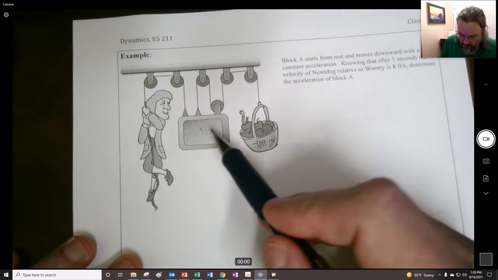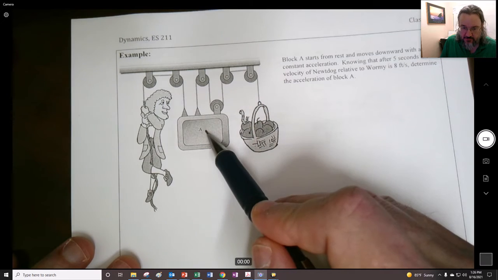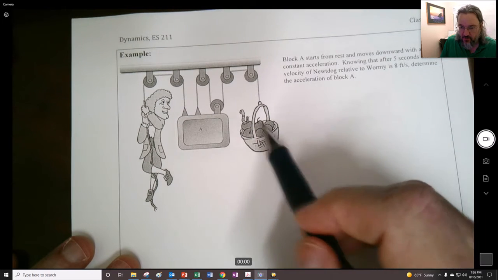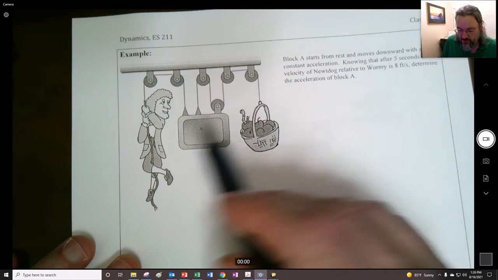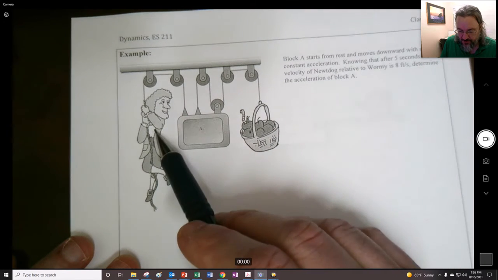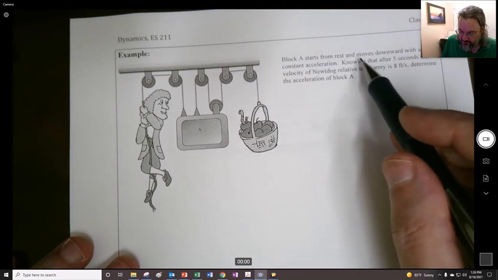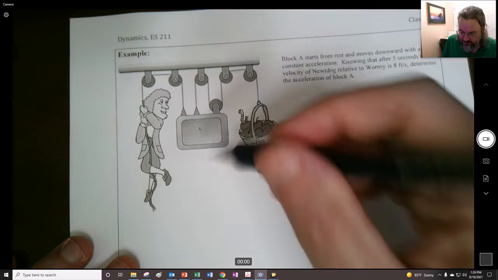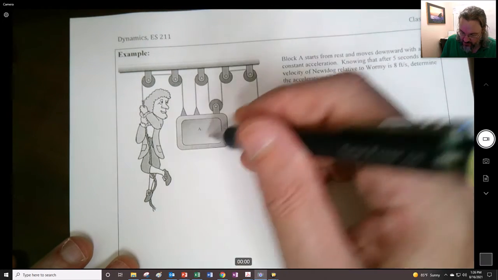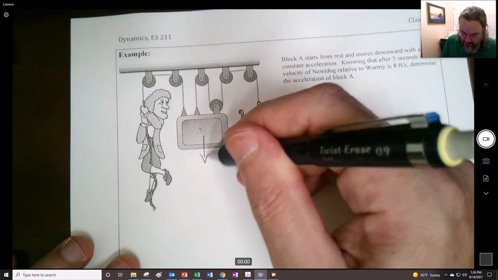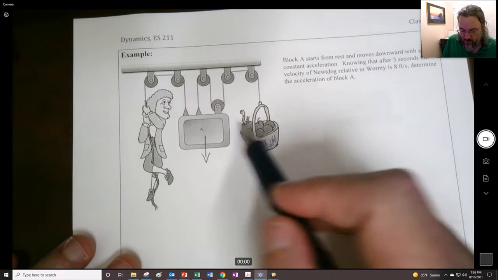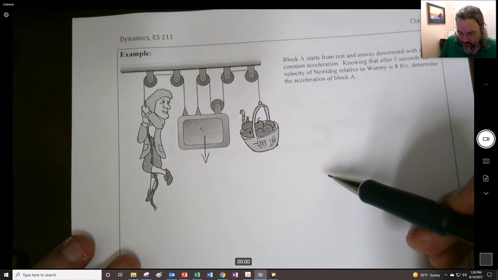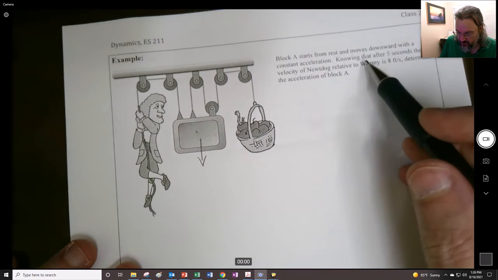So block A starts from rest, and Newt Dog and Wormy are connected by cables and pulleys to block A. So they're dependent on it, therefore they must start at rest as well. And it moves downwards with a constant acceleration, right? So it's going down, and we have to decide which way Wormy and Newt Dog are going to be moving based on that.